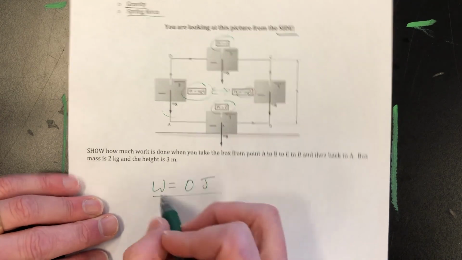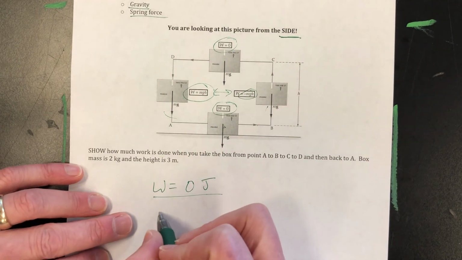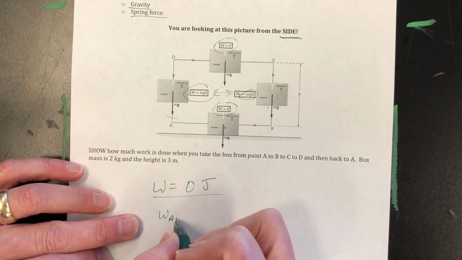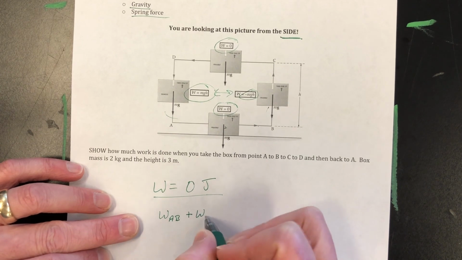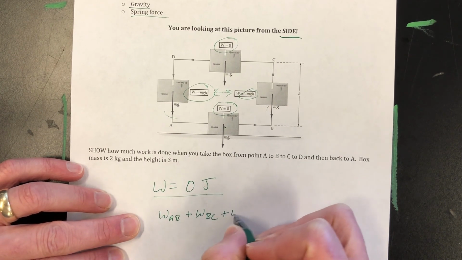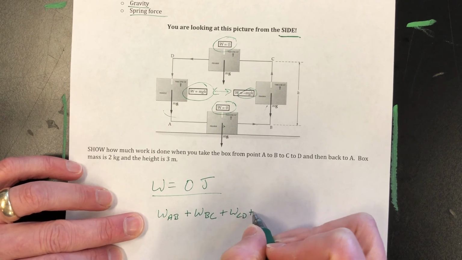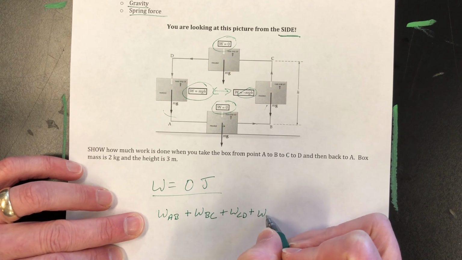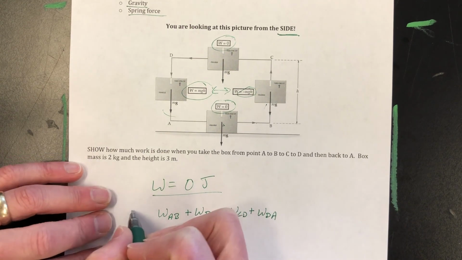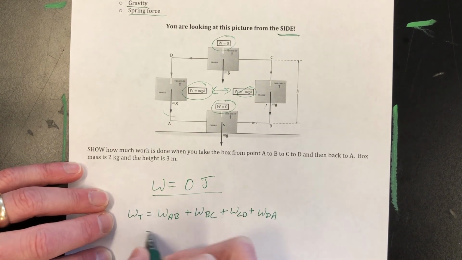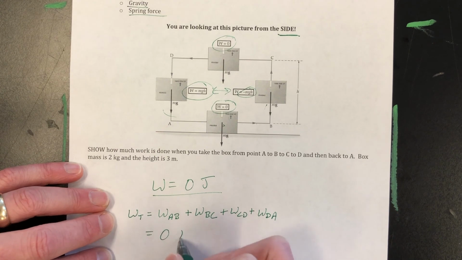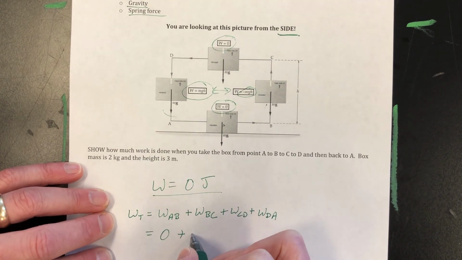The other way you can think about this is to write this out. So we would have the work going from A to B plus the work going from B to C plus the work going from C to D, plus the work going from D over to A, and that would be our total work. So from A to B we said was 0, from B to C is negative.